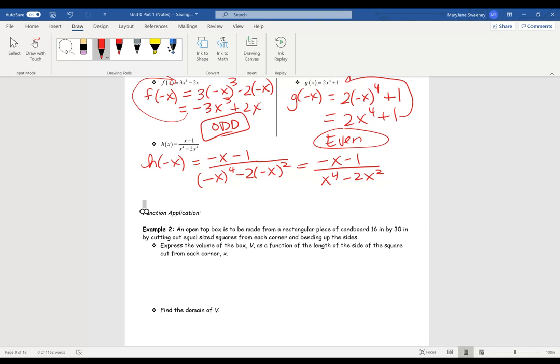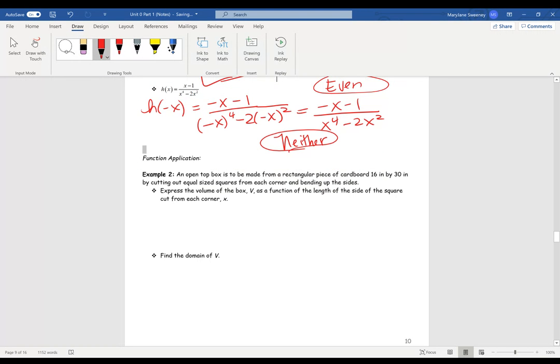So that would look like that. So if we compare, we notice the numerator, while the numerator, one term's negative, the other one's not, the denominator ended up being the same. So it's not like the entire fraction's negated, and the entire fraction is not the same. So this would be an example of where it's neither.